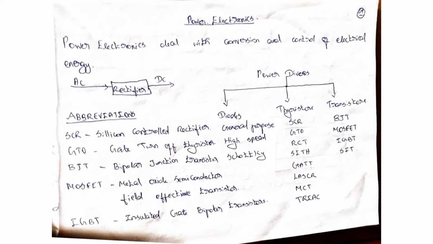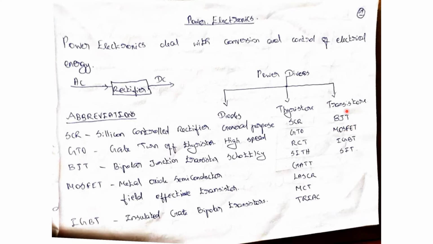Thyristors are SCR, GTO, RCT, SITH, GATT, then LASCR, MCT, and TRIAC. Then in transistors we get BJT, MOSFET, IGBT, and SIT.